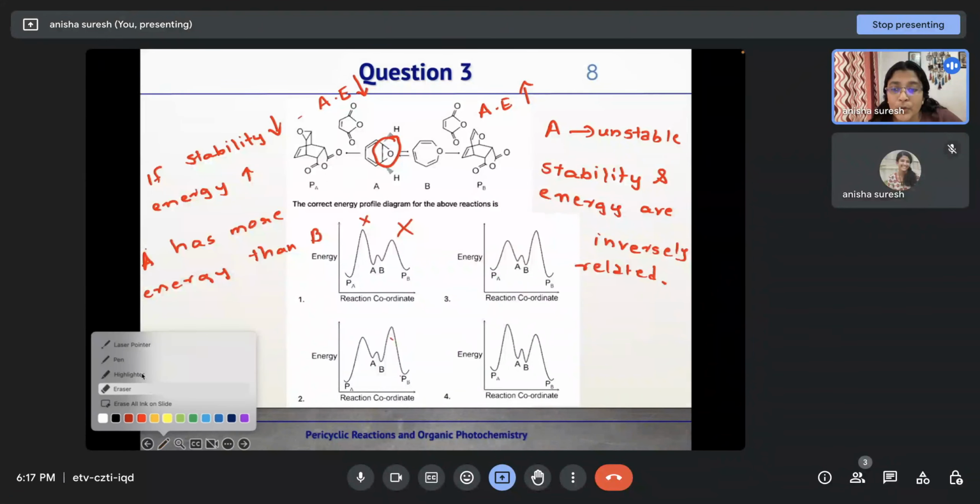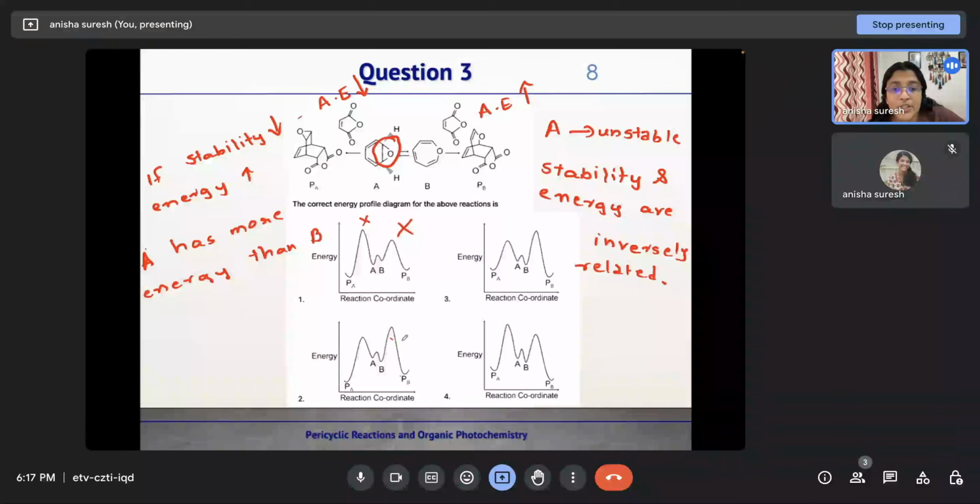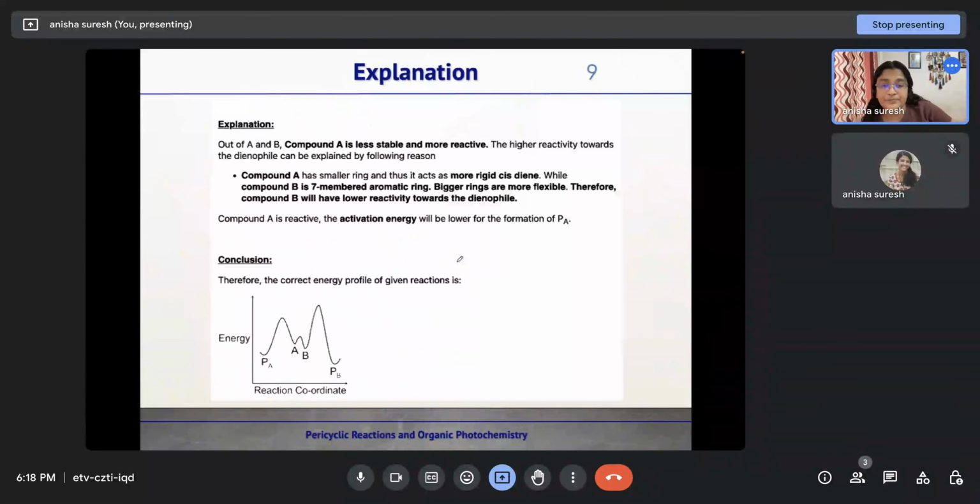In both these cases, the activation energy for formation of Pa to Pb is shown lesser. In this case also, and the energy of Pa will be greater than that of Pb because of the presence of the strained ring. Hence, the right answer will be option 3.